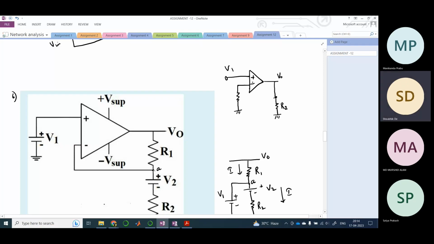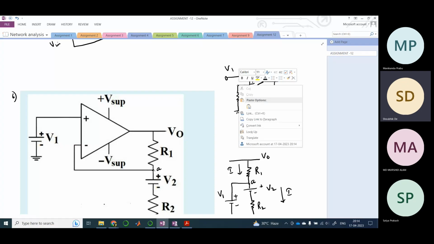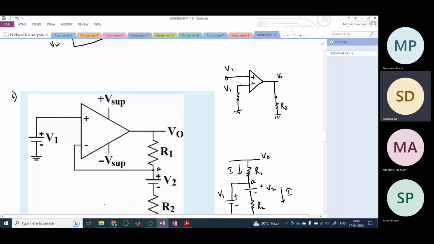No, because this is connected to ground. So the potential here would be what? This would also be V1, right? Because see, this is an open loop configuration only, because there is no feedback path.